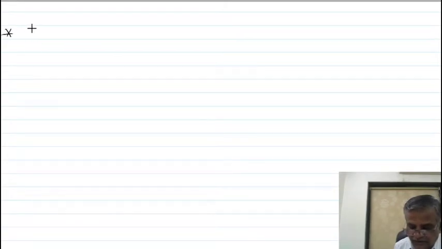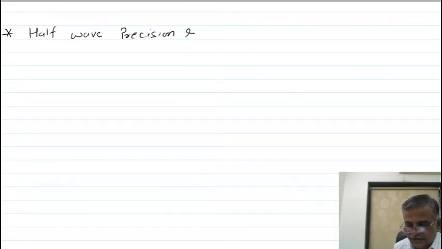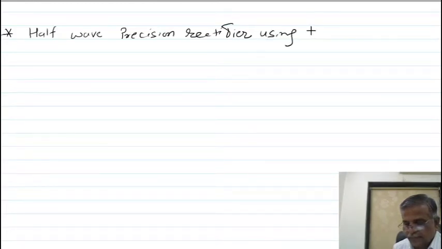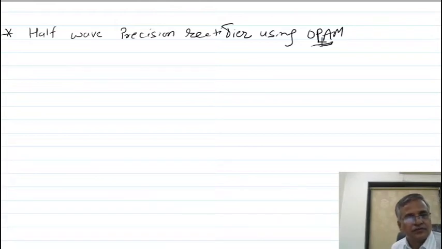The first topic we are discussing is the half wave precision rectifier using op-amp. We'll discuss from the circuit diagram.